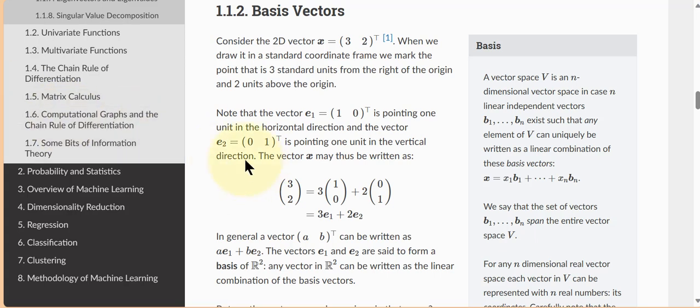So for example, of course, R2, everything in R2 can be expressed as a linear combination of 1, 0 and 0, 1. In other words, i and j. So there are two vectors in R2 from which we can express everything, every vector in R2, as a linear combination of them.